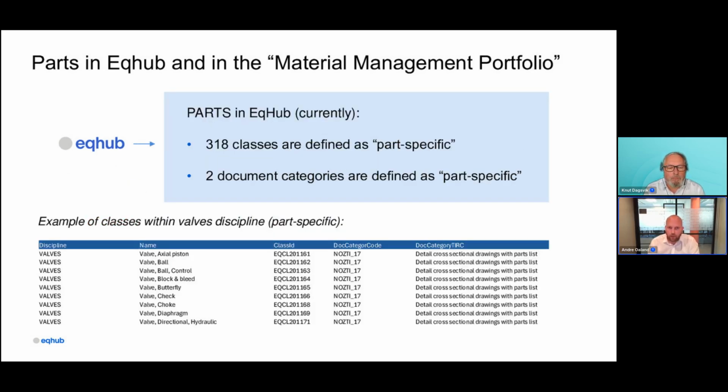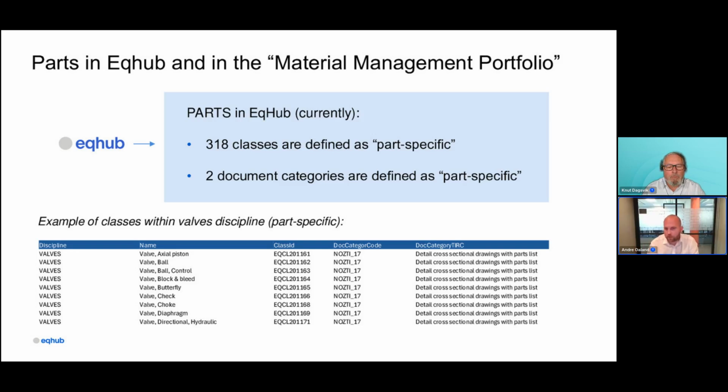Right now, we have defined about 318 equipment classes as being so-called part-specific, and 2 document categories as being part-specific. This will potentially change going forward as needs arise and requirements change. It simply means that if an equipment class or document is defined as part-specific, the data providers or suppliers will be more encouraged to provide parts as data.